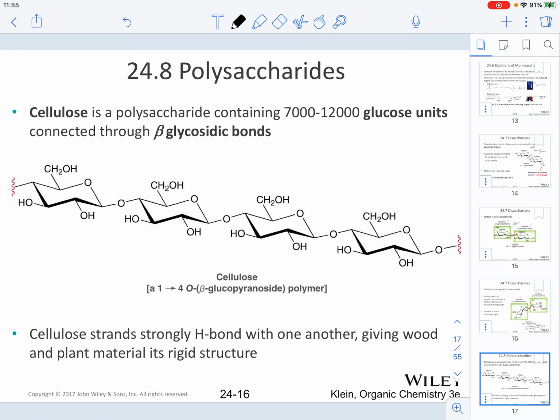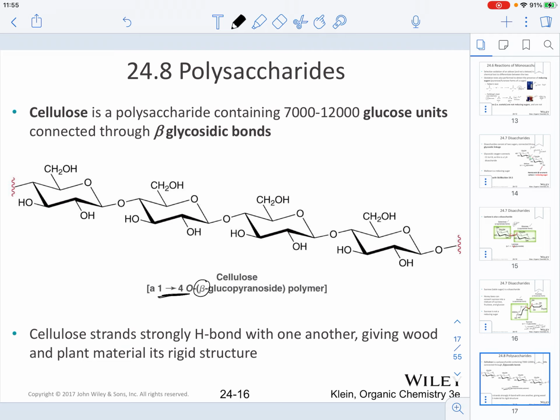The beta glycosidic bond that is happening in cellulose is a beta 1,4 glycosidic bond. Now, cellulose strands strongly H bond with one another.